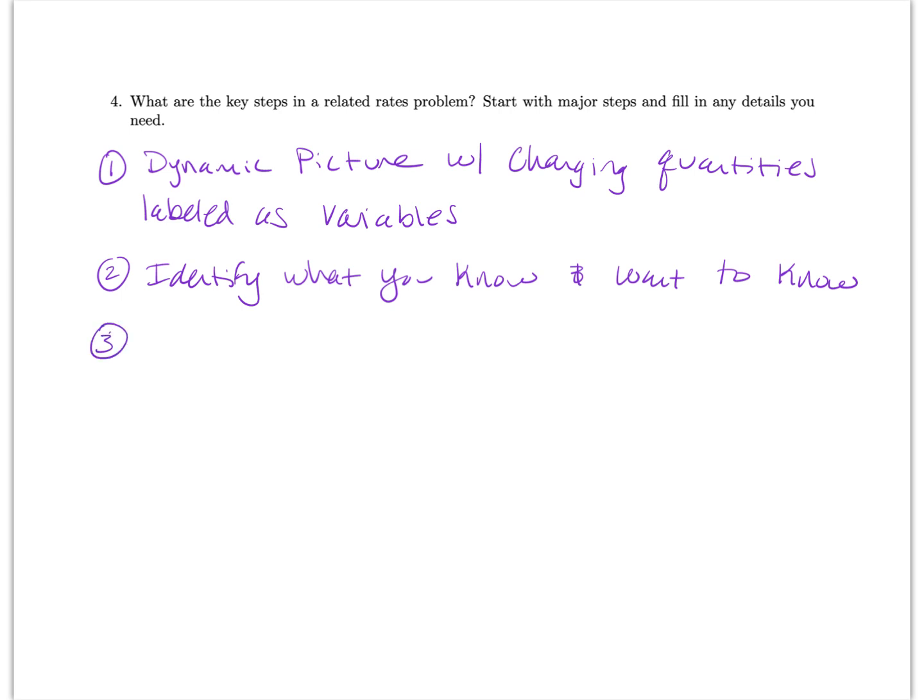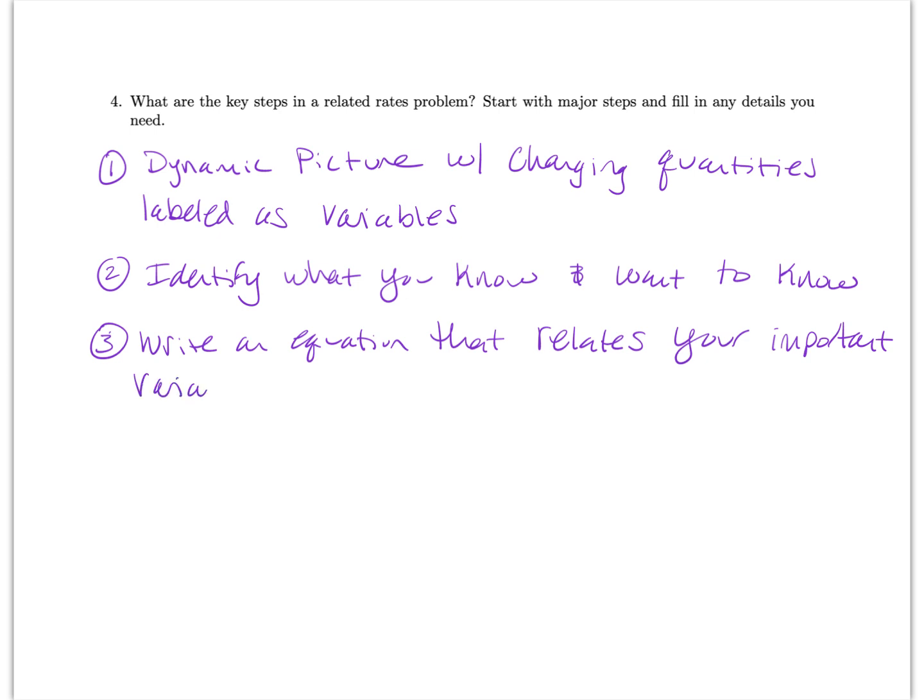Three, we want to write an equation that relates the variables you know something about and those you want to know about. I'm just going to call those our important variables. The important variables are those that you know something about and those that you want to know something about.